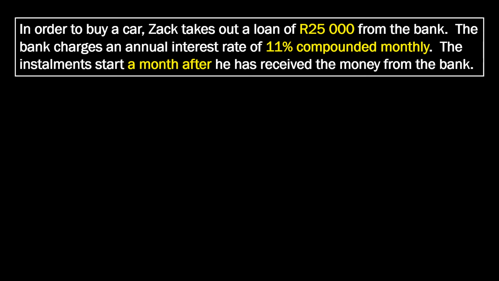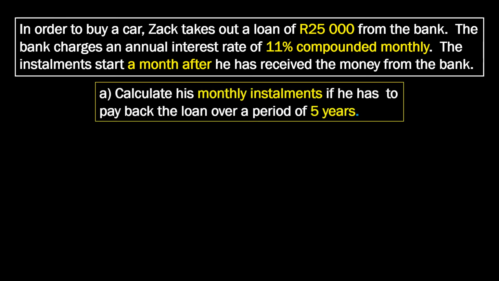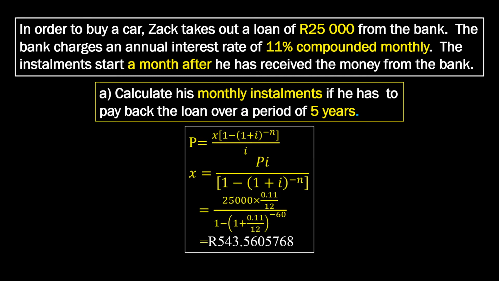So here, what is our question? Calculate his monthly installments if he has to pay back the loan over a period of 5 years. So we are going to calculate X, 5 years compounded monthly. So 5 times 12 is 60. We substitute into the formula.